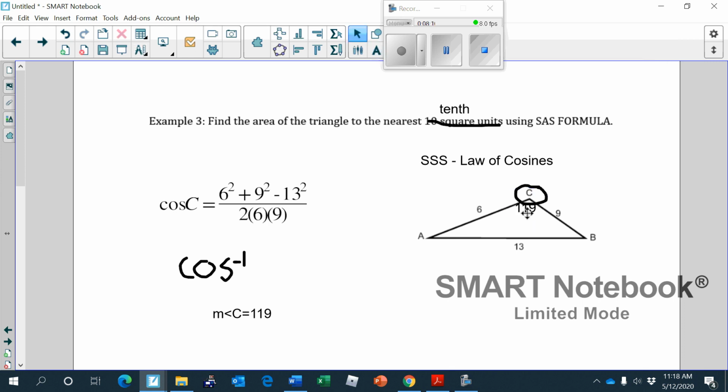Great. So now I can throw that 119 in here, and go back to the formulas from the previous page to find the area of this triangle. I'm going to use the 6, the 119, and the 9 for this area formula. I don't need the 13, because now I have my side, angle, side.